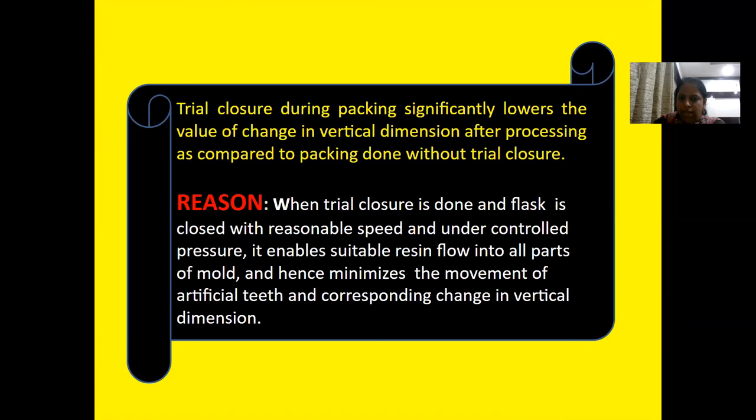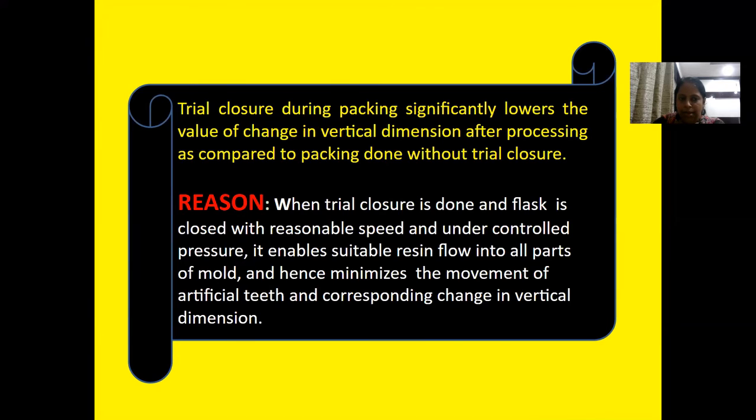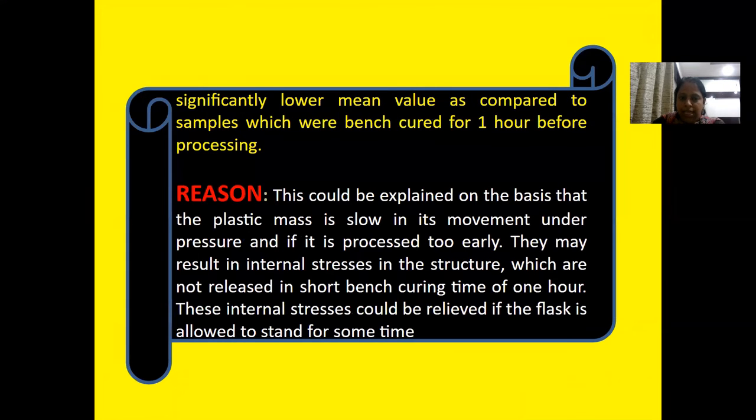The reason was that when trial closure is done and the flask is closed at a reasonable speed and under controlled pressure, it enables suitable resin flow into all parts of the mold and hence minimizes the movement of the artificial teeth and the corresponding change in vertical dimension. Then a significantly lower mean value was observed in the samples with bench curing for 1 hour before processing.